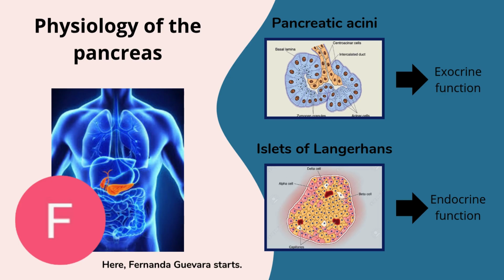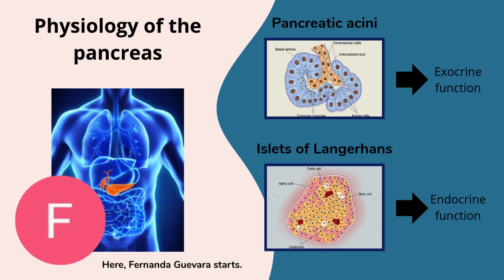In order to understand diabetes, we also have to understand the physiology of the pancreas. It is made up of two main groups of cells: the pancreatic acini, which are cells that have an exocrine function, and the islets of Langerhans, which are cells that have an endocrine function.